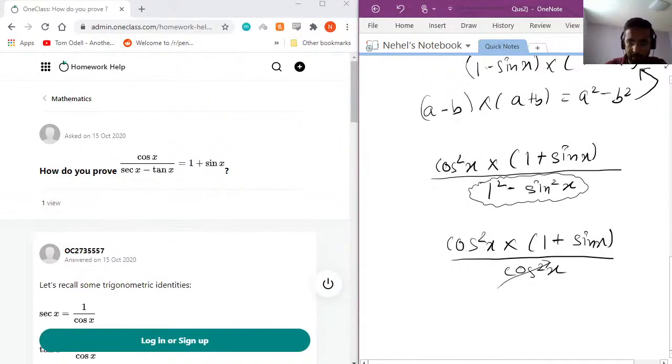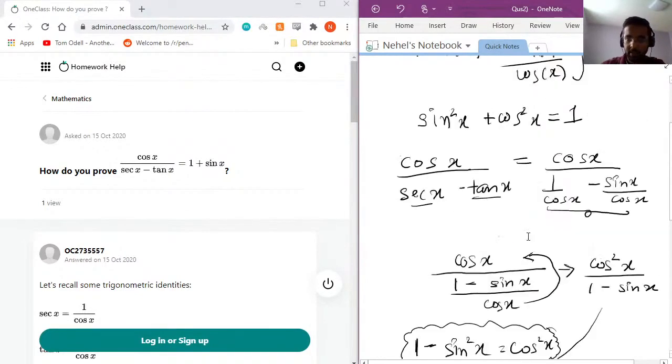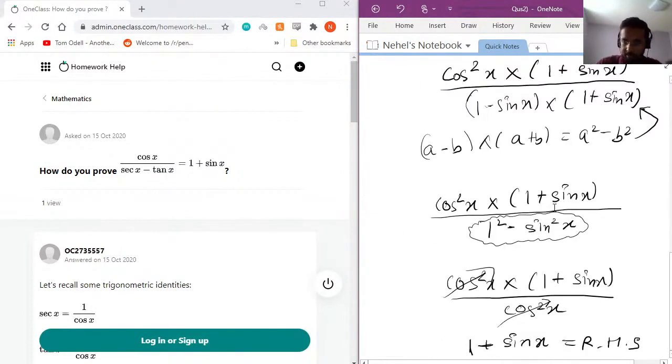This cos squared x and this cos squared x would cancel out, so our final answer would be 1 plus sin x, which was the RHS, the right hand side in the given equation which we were asked to prove. So therefore we were able to prove that cos x over secant x minus tan x is equal to 1 plus sin x.